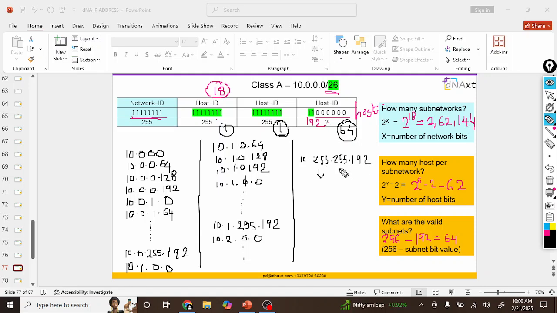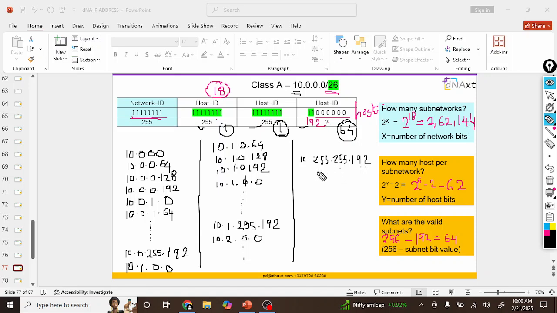Simple. Always remember, for writing the last subnetwork, you write the major network number in the first octet, and in the octets where you are doing increment, the subnet bit values will repeat. That will be your last subnetwork.